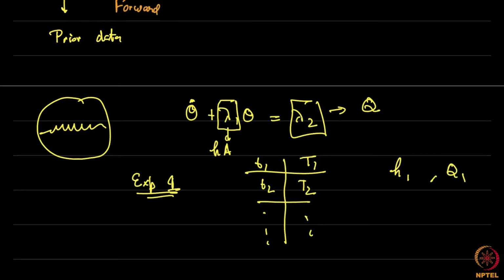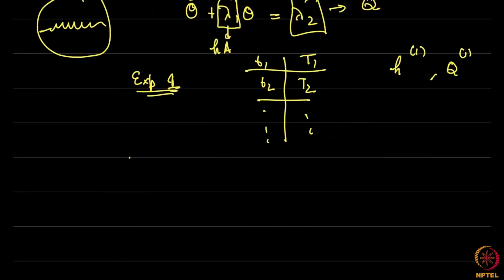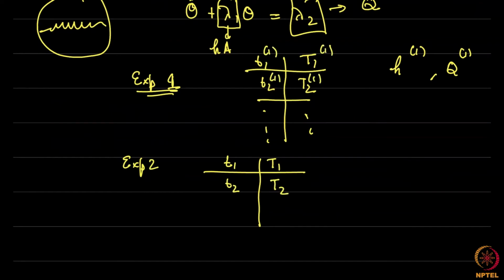So let me not call it subscript, just not to confuse you. So H1 and Q1. Then someone somewhere else did some other experiment. Again, they measured T1, T2, but we can put a superscript 1. This was experiment 1. This was experiment 2.